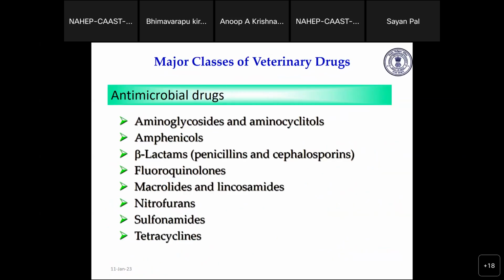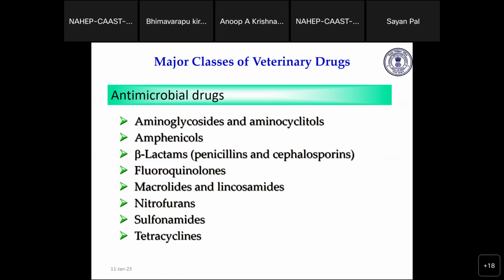Now, when it comes specifically to antimicrobial drugs, these are the groups covered: aminoglycosides, amphenicols, beta-lactams, fluoroquinolones, macrolides, nitrofurans, sulfonamides, and tetracyclines.